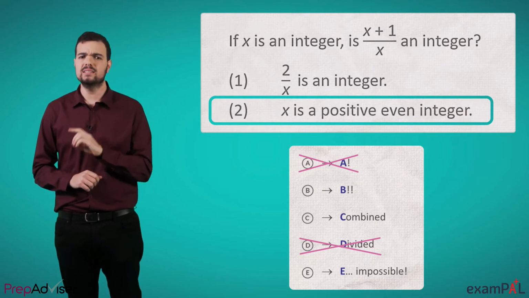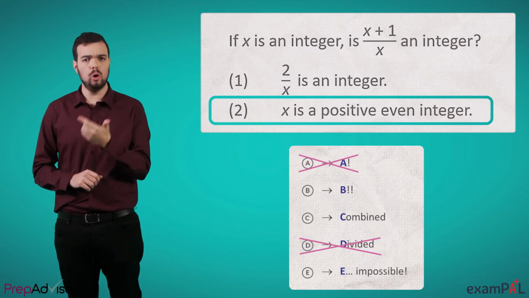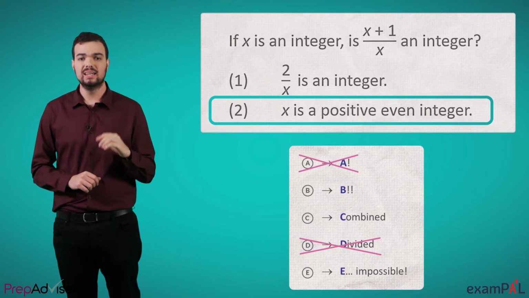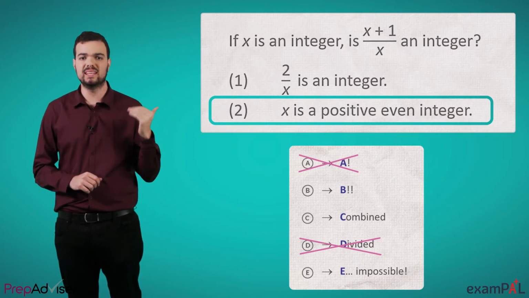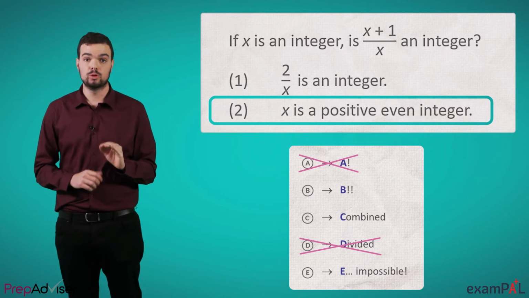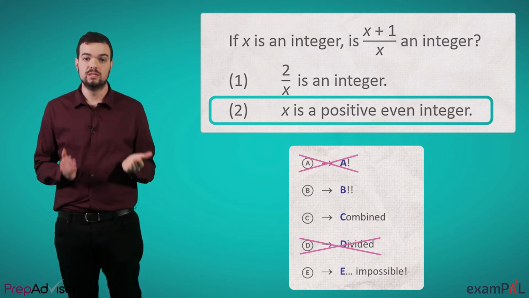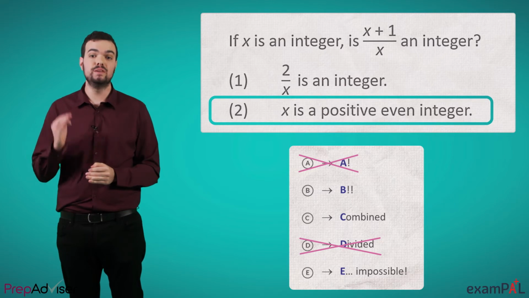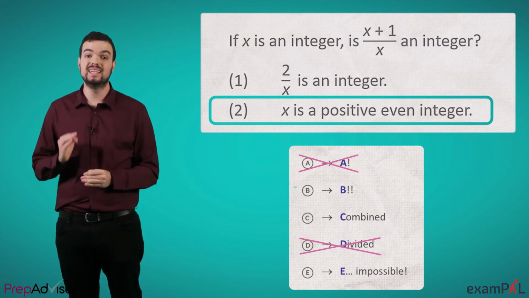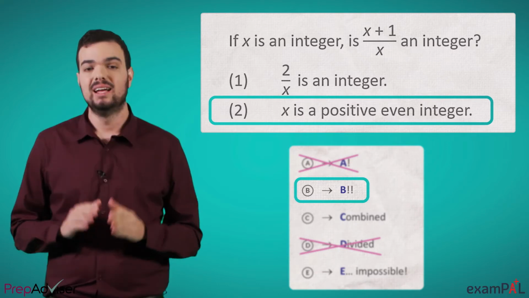Well, if x is even, then x plus 1 is definitely odd. So, (x plus 1) divided by x is odd divided by even. This cannot be an integer, which answers our question. So, 2 is sufficient to answer on its own. The answer is B.